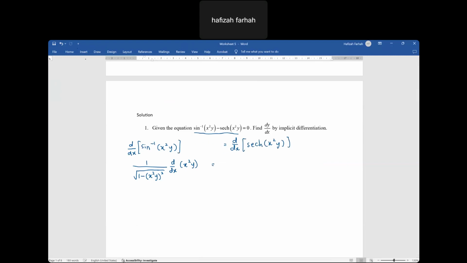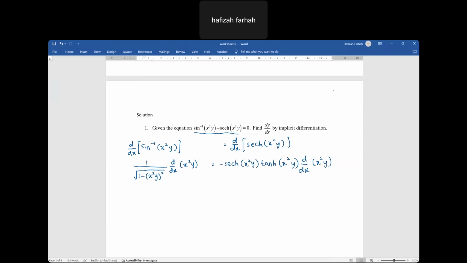Now I will differentiate secant hyperbolic. Differentiating secant hyperbolic, you will get negative secant hyperbolic times tangent hyperbolic x squared y, and then differentiate the inner function x squared y.